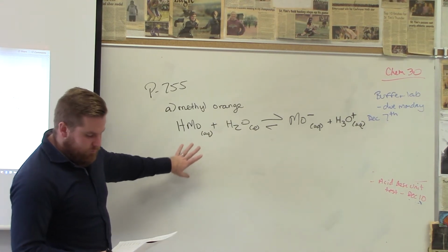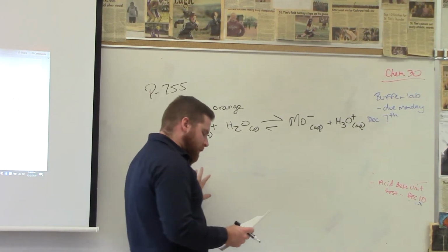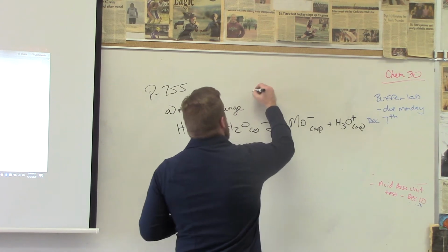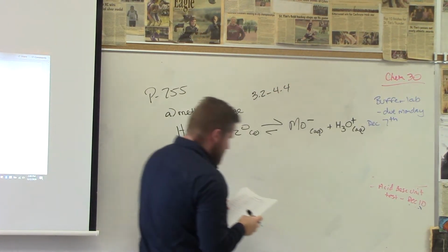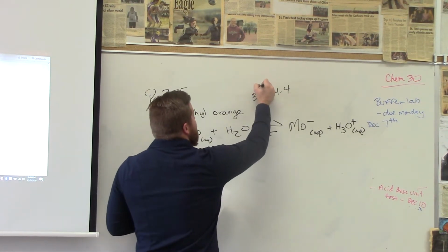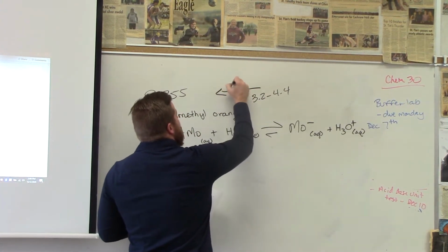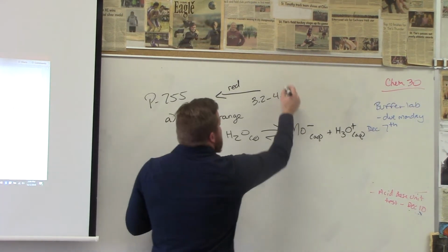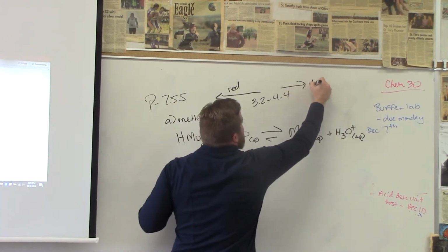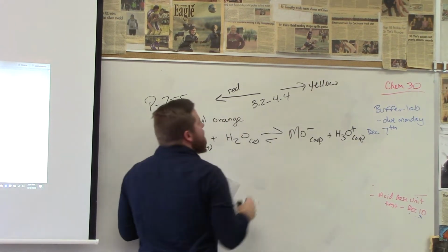Now, when I look at methyl orange, the range is 3.2 to 4.4. Okay? Now, if it's 3.2 or lower, it's red. And again, I'm getting this from my acid-base chart. And 4.4 or above is yellow.